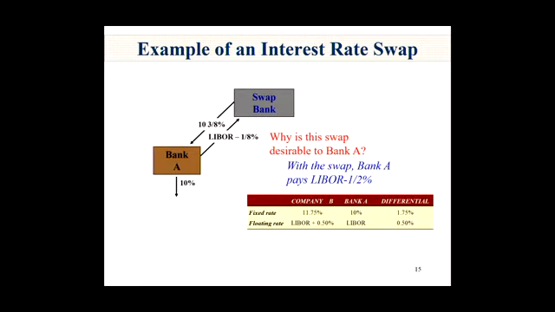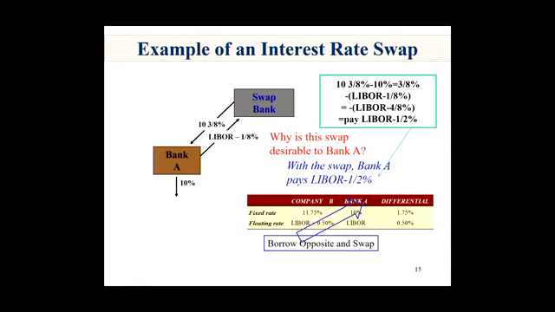So why is this swap desirable for Bank A? Well, at the end of the day, after all of these transactions happen, Bank A will pay LIBOR minus 0.5%. Where did that come from? Bank A is going to receive 10.375% from the swap bank, and they're going to pay 10%. How much has A got left over?